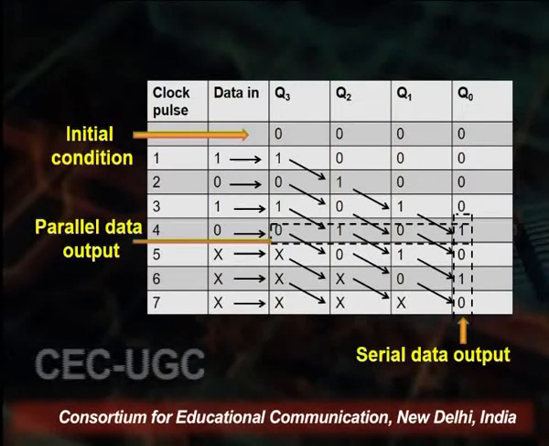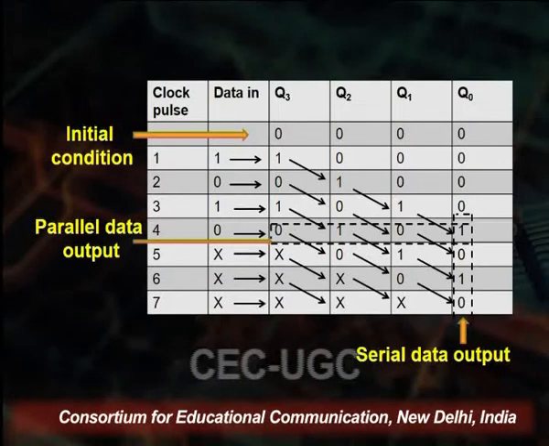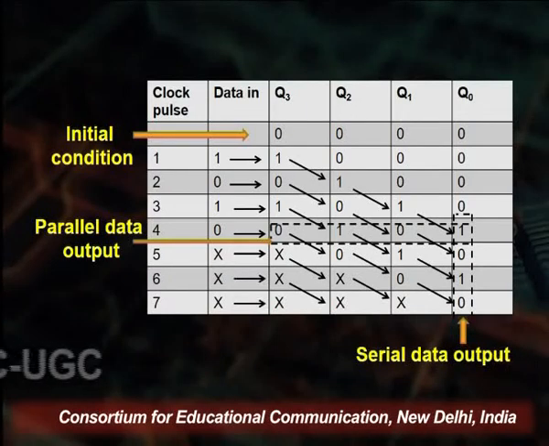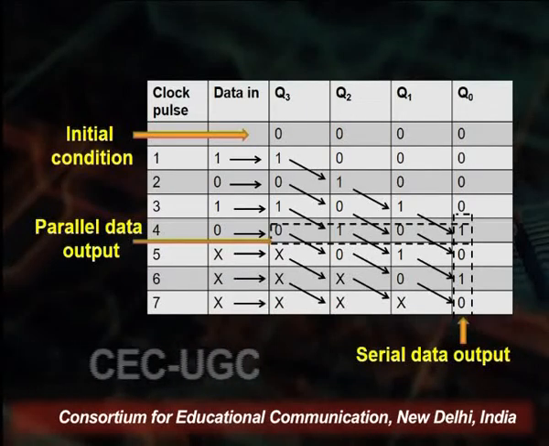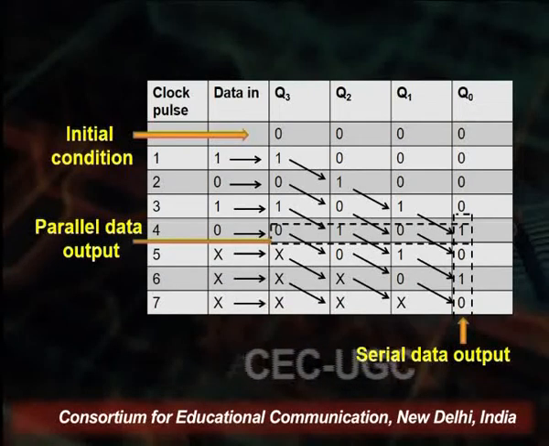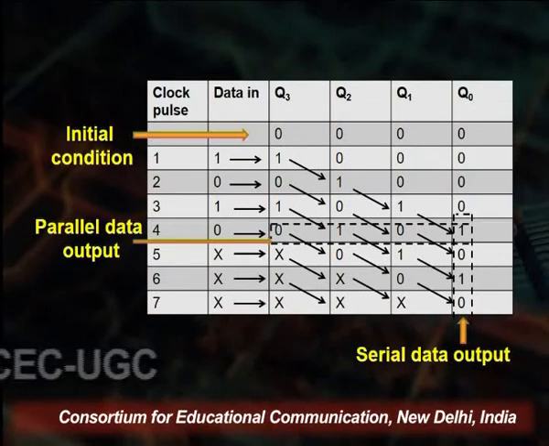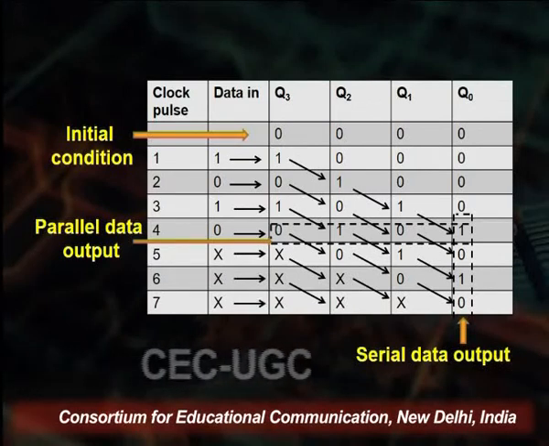However, while accessing data, we would need to access 4 bits in the case of SIPO, whereas we need to access only 1 bit at a point of time for SISO. So, SIPO requires more electrical circuitry compared to SISO.